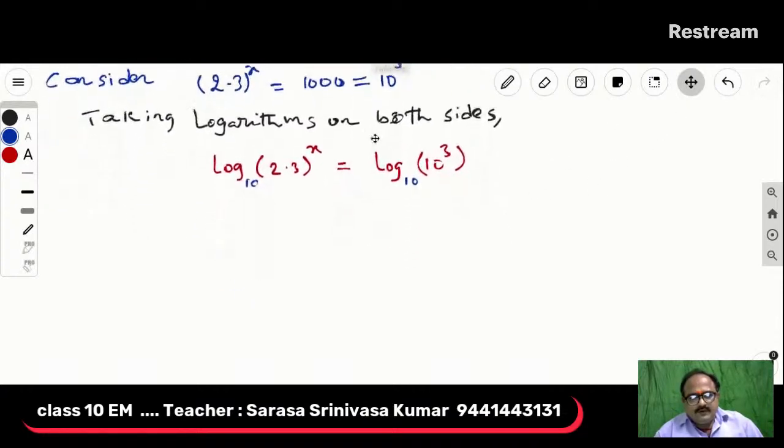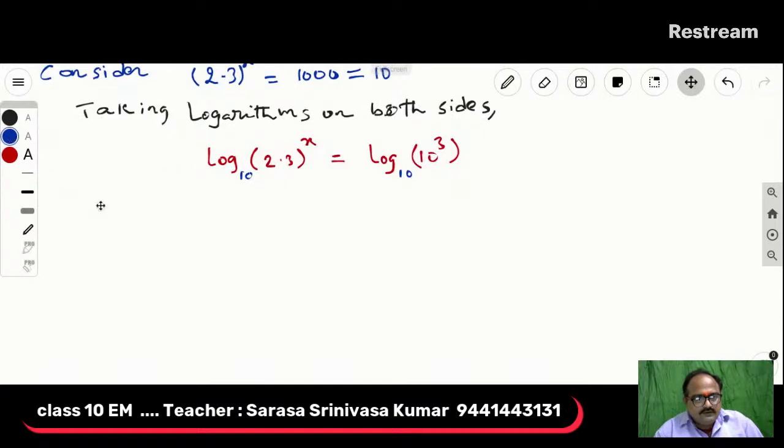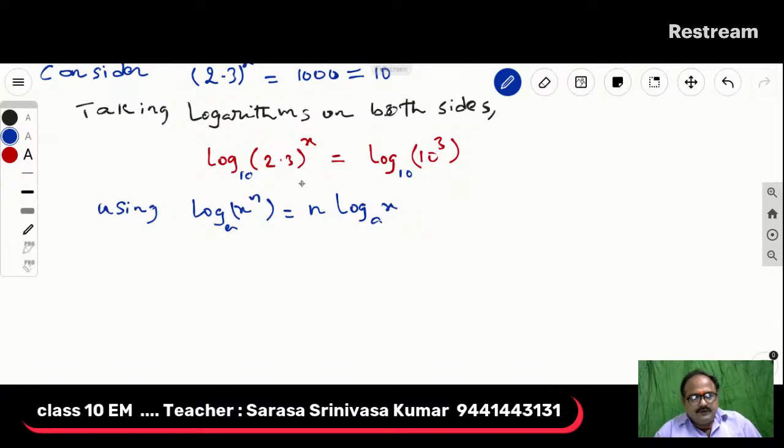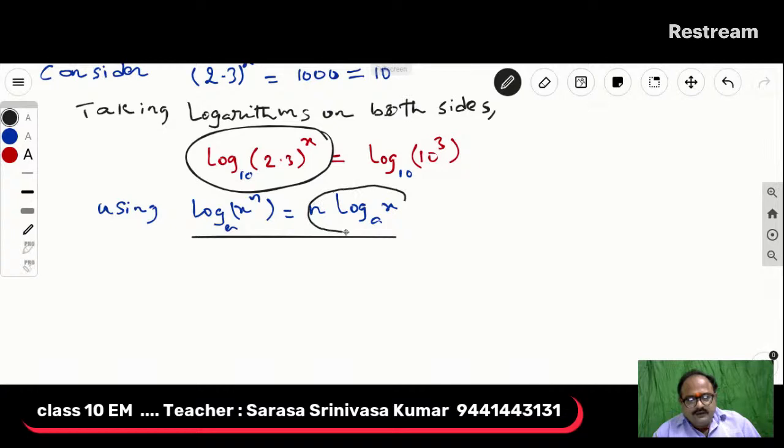Using the formula log x to the power of n to the base a equal to n log x base a, let us compare the left hand side term. This is of the form log x to the power of n to the base a. So we can write it in the form of n log x base a.